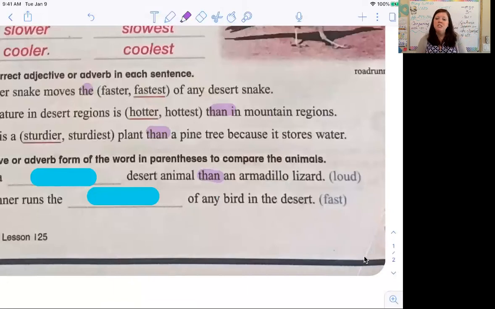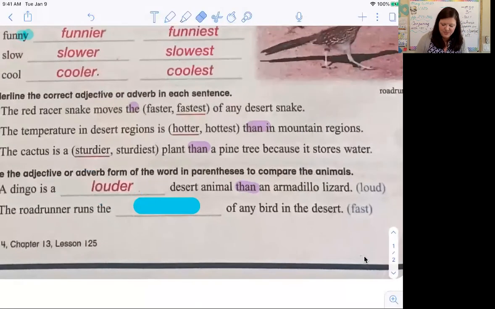So we don't need to double the D at the very end. Do we need to drop an E? No, there's no E in the word at all. So in this case, all we're going to be doing is adding an ER to the end. Louder, L-O-U-D-E-R, louder. One is louder than the other.